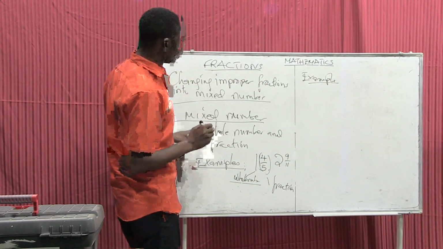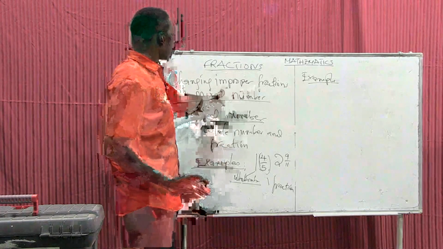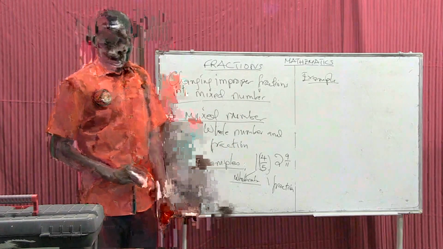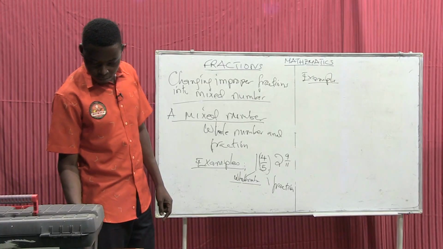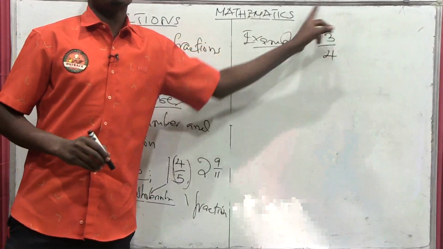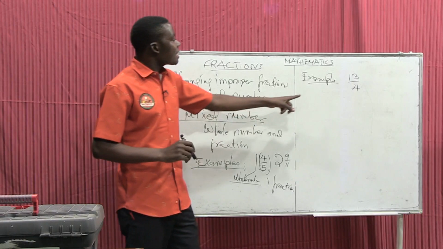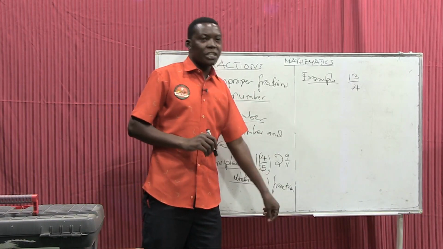Example of how to change an improper fraction into a mixed number. You have given 13 over 4. This is an improper fraction. Now change this improper fraction into a mixed number, into a whole number and a fraction.